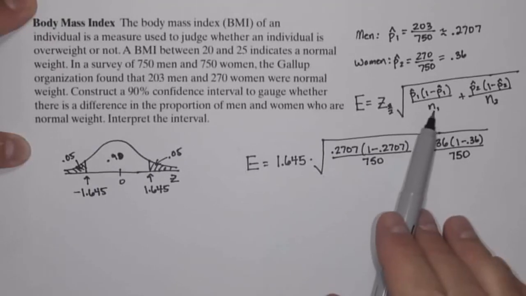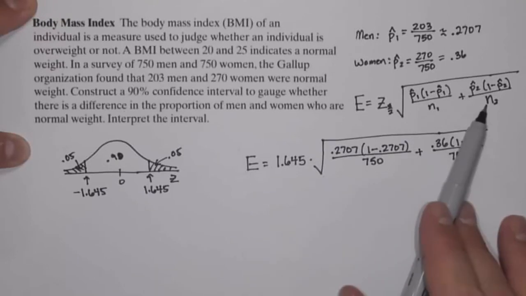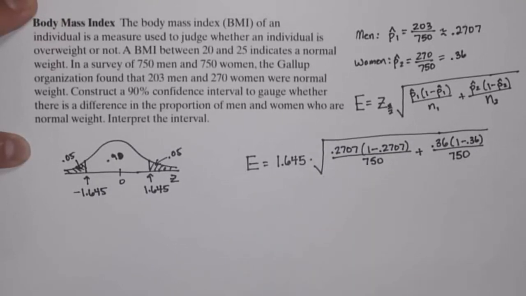Now in this particular case, both N1 and N2 were the same value, 750, but they would not necessarily have to be the same value.